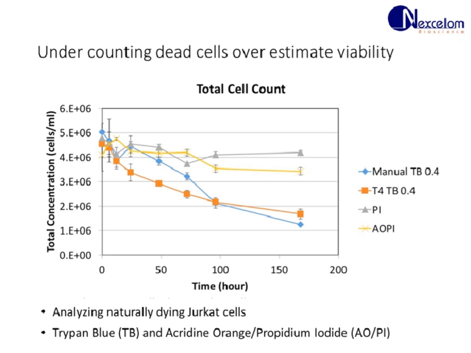So the total cell count, as you can see, if you're using a fluorescence method, using propidium iodide or acridine orange and propidium iodide, you can see the total cell concentration remain pretty much consistent over time. However, if you use Trypan blue, the number of cells decrease over time, which doesn't make sense.